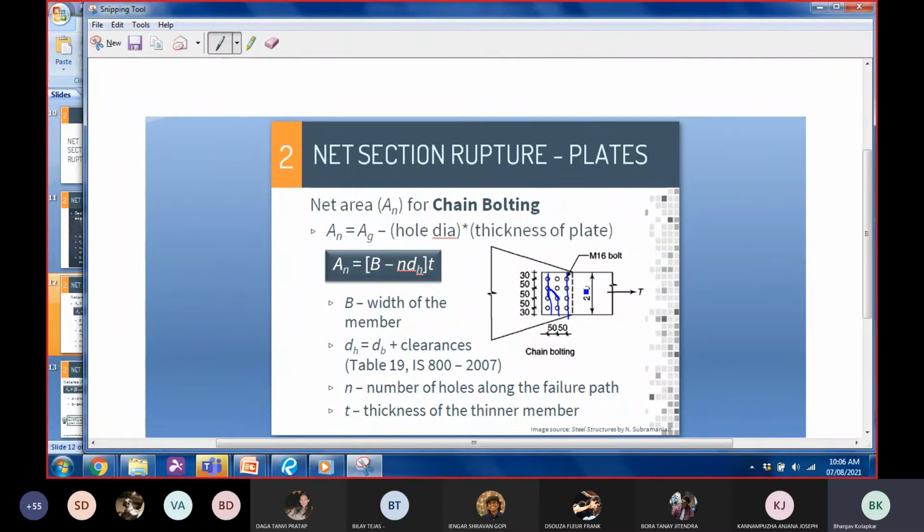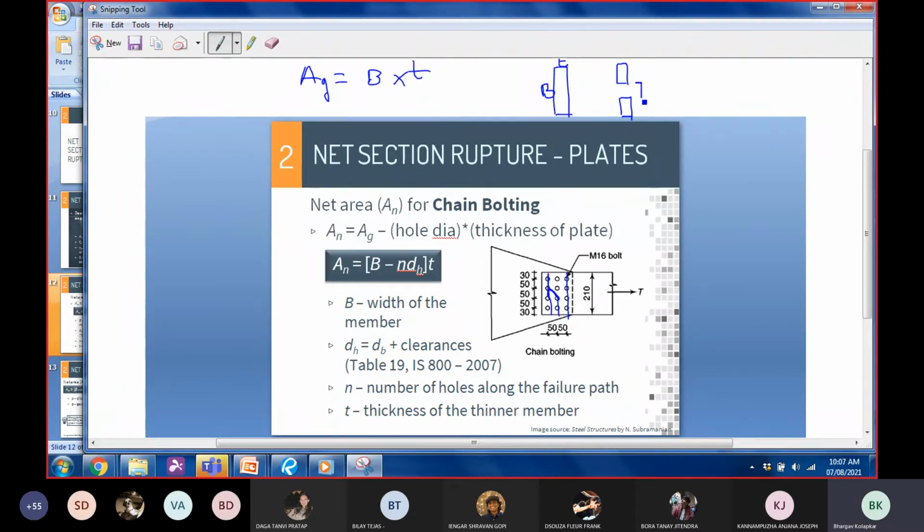Now, how to calculate the net section? From the previous example that we saw, if this is a cross section and there's only one bolt hole, then this is a net section. If this is the width of the section and this is the thickness of the section, the gross area is width times thickness. What happens here?